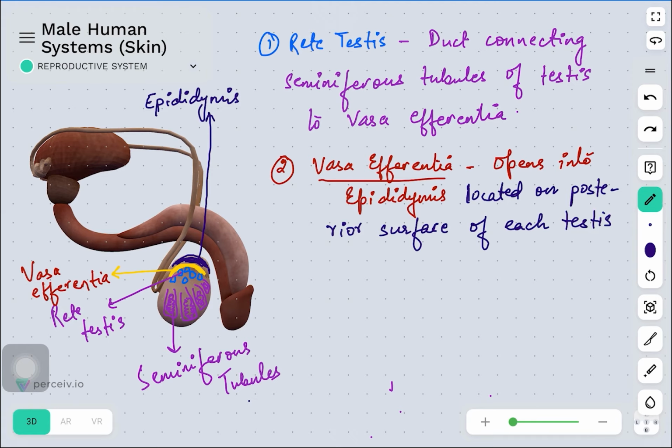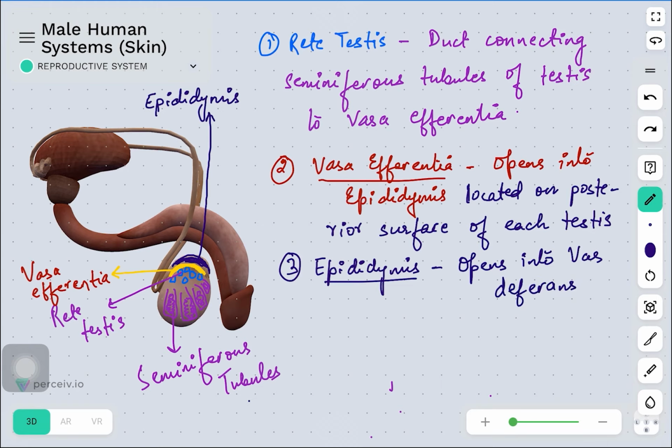Clear? Now this vasa efferentia opens into epididymis, and epididymis we know will open into vas deferens. So third is epididymis, which will open into sperm duct or vas deferens.